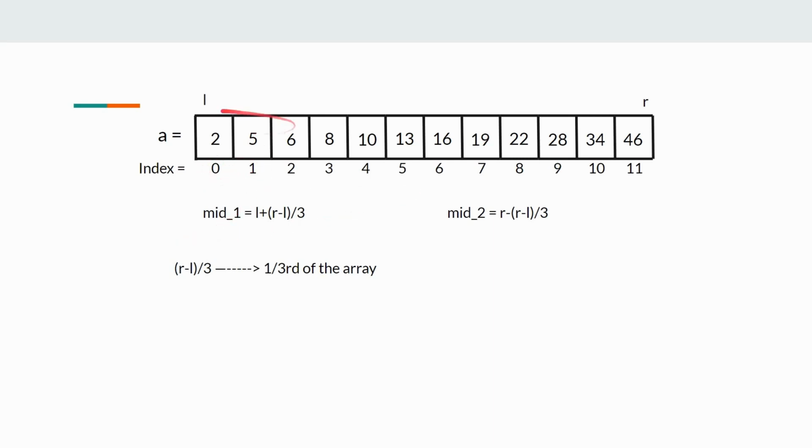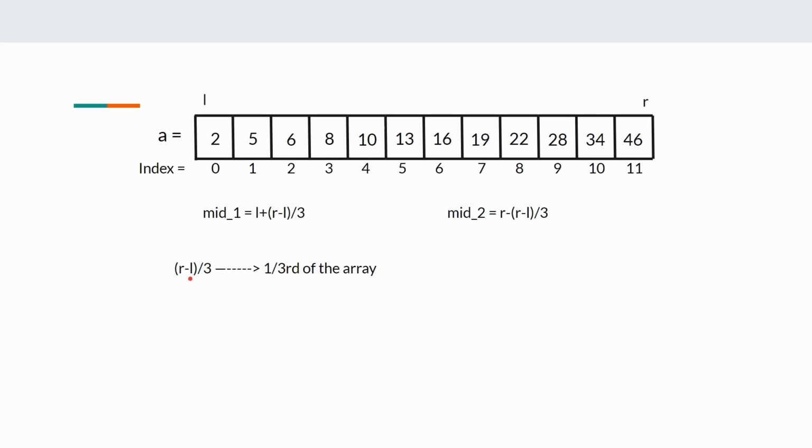So right minus left is 11 minus 0, and the answer is 11. There are 12 elements in the array, but we are getting the length as 11. But if we think of it as index 11, then it is correct. We start from 0 and go up to 11, so we have 12 numbers. That's the logic we are using.